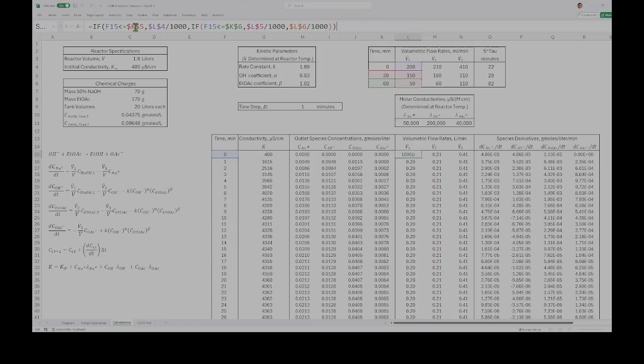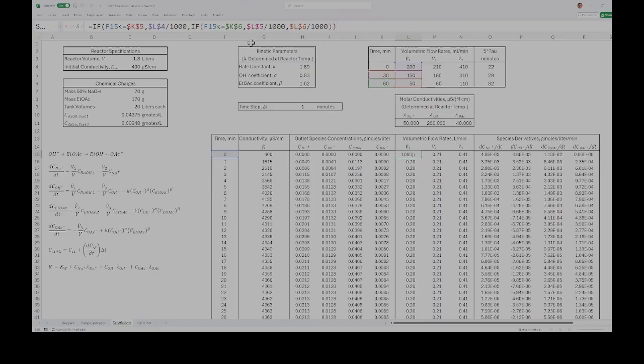If it's greater than K5, we're going to have another if statement. If that time is less than K6, which is 60 minutes, then it's going to be equal to the value at the 30-minute time period, in this case 150 divided by 1,000.